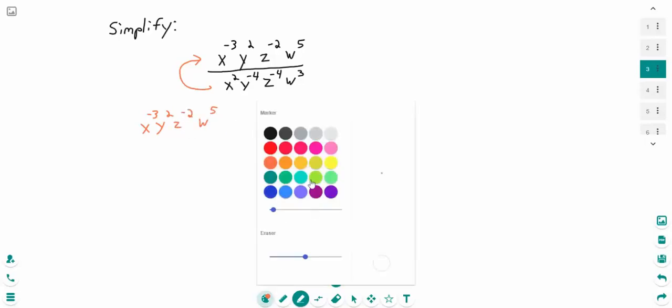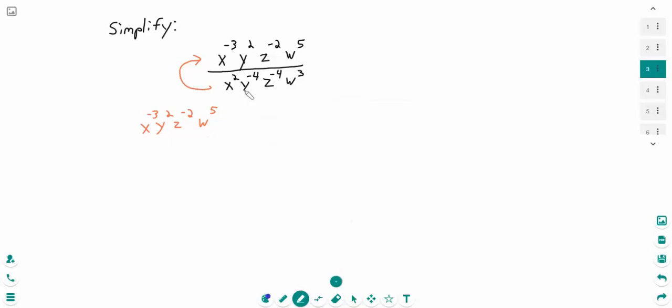So that just stays the same. But now we're going to move this denominator up into the numerator. And what happens? Well, the exponents are going to change their signs. So we're going to have x to the negative 2 now, y to the positive 4, z to the positive 4, and w to the negative 3. Okay, we've just changed all the signs.